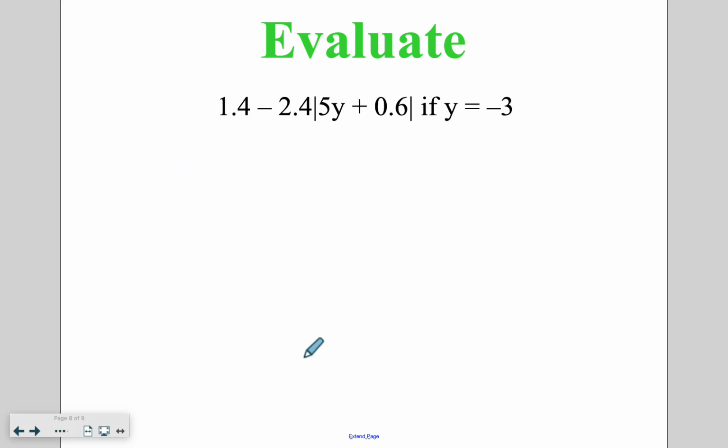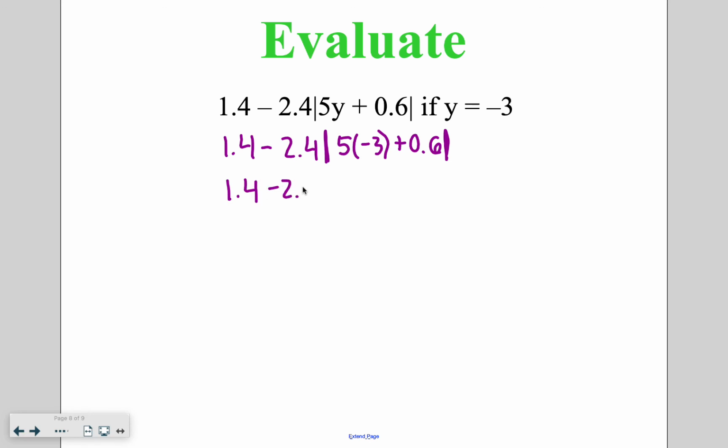Last example we're going to go through is if we have decimals. If you start with decimals in the problem, your final answer can have decimals in it. So I've got 1.4 minus 2.4 times the absolute value of 5 times -3 plus 0.6. Again, start by solving inside those absolute value bars.